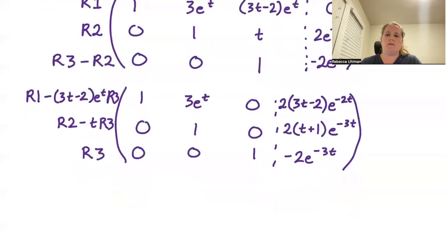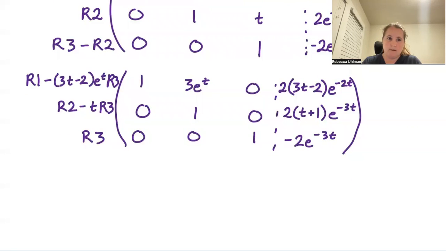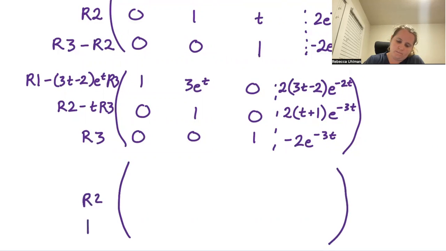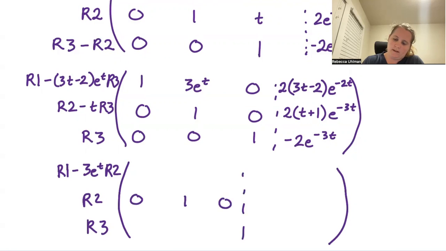If we want to get down to just the identity on the left-hand side, we again leave row 2 and row 3 alone, and do now row 1 minus 3e to the t times row 2. Our last 2 rows stay the same, so row 2 will still be 0, 1, 0, and 2 times (t plus 1) times e to the negative 3t.